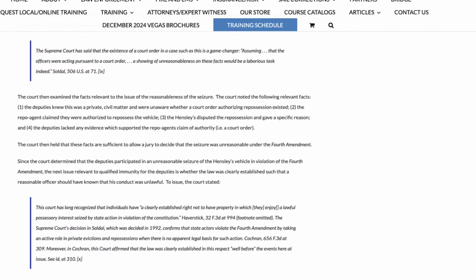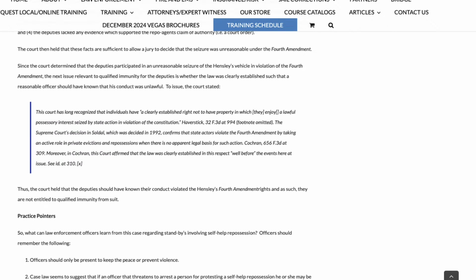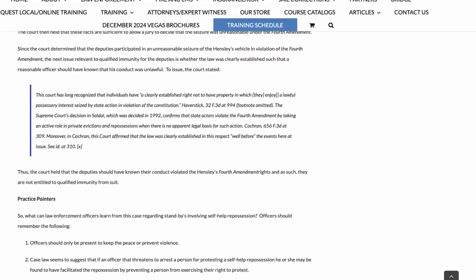Since the court determined that the deputies participated in an unreasonable seizure of Hensley's vehicle in violation of the Fourth Amendment, the next issue relevant to qualified immunity for the deputies is whether the law was clearly established such that a reasonable officer should have known that his conduct was unlawful. To that issue, the court stated, this court has long recognized that individuals have a clearly established right not to have property in which they enjoy a lawful possessory interest seized by state action in violation of the Constitution. 32 F.3d at 994, footnote omitted.